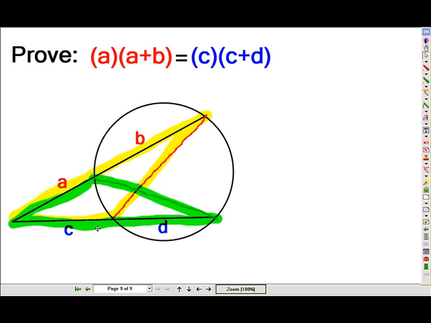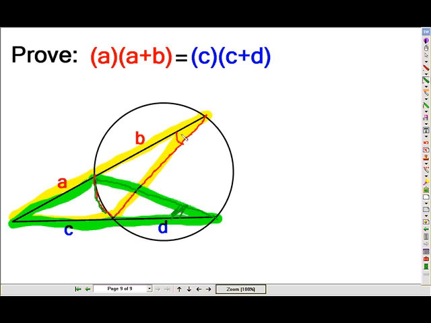Obviously they share some things. And let's talk about what they share. First off, this angle of the triangle is an inscribed angle, and the arc with which it goes is right here. But then so is this angle. It's an inscribed angle, and it goes with the same arc.